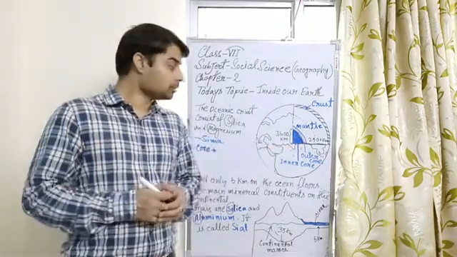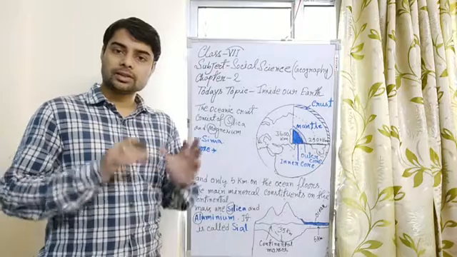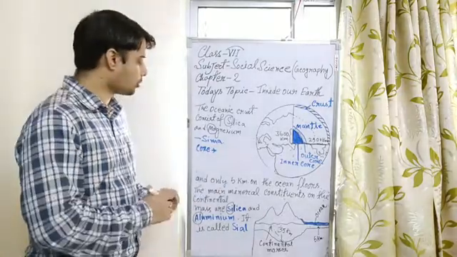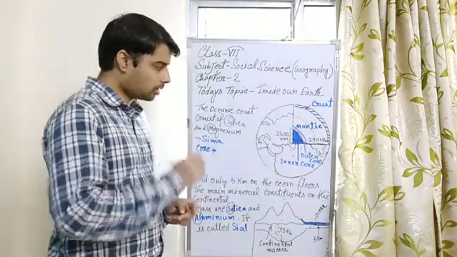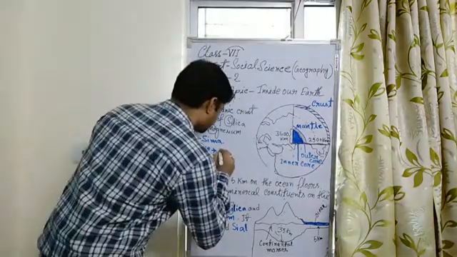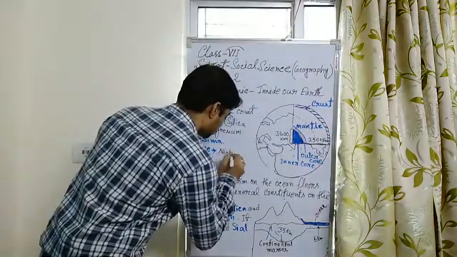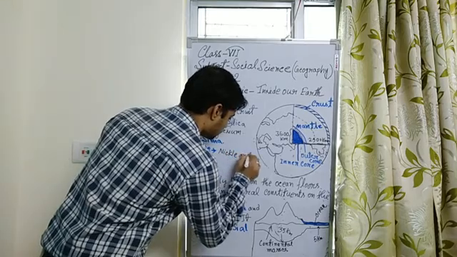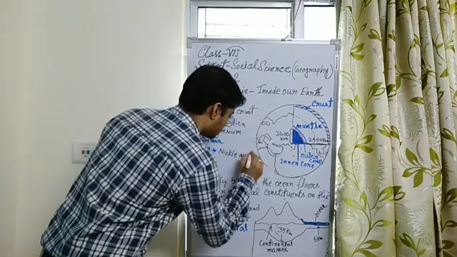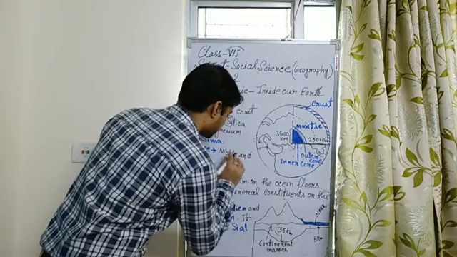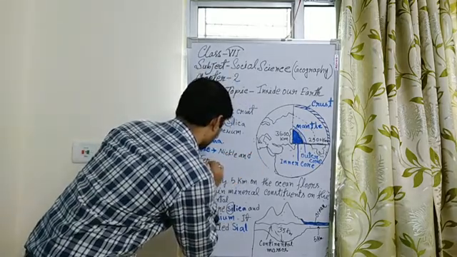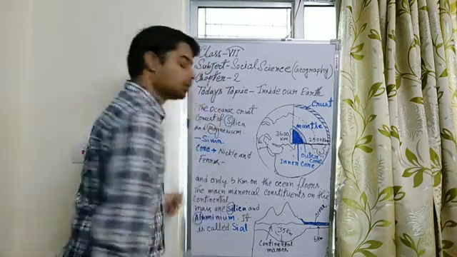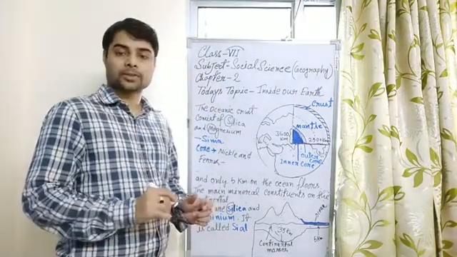Also, there are some minerals in a molten state. The names of these minerals are nickel and ferrous. Ferrous means iron; it is the scientific name.